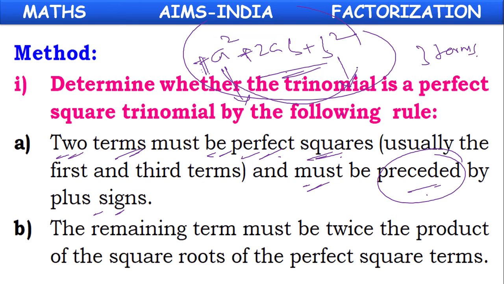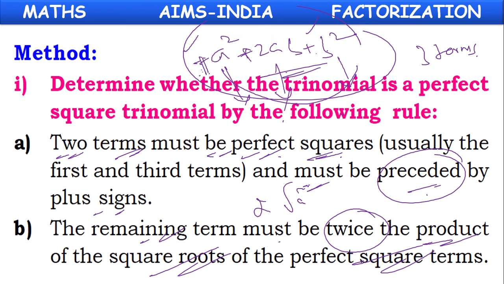Both of them should be preceded by plus symbol. And the remaining term, usually the middle term, must be twice the product of square roots of the first 2 terms. If these conditions are satisfied, we can tell the trinomial is a perfect square.